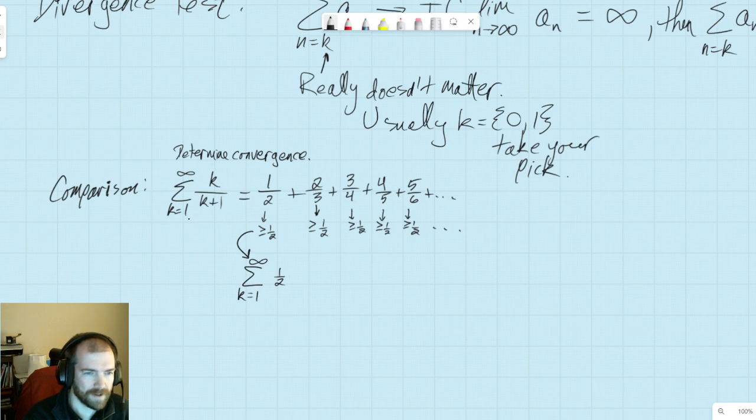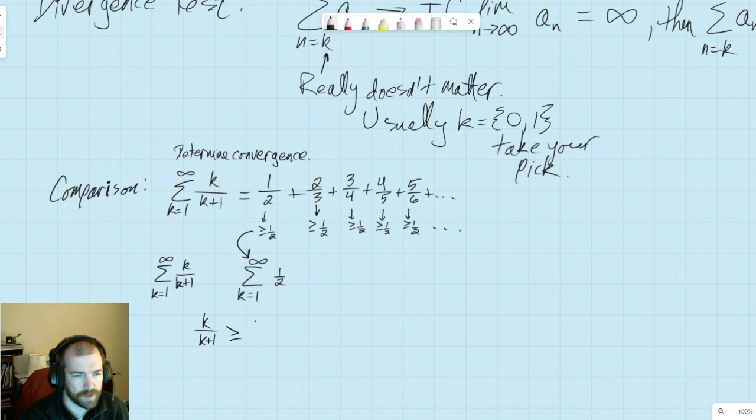And here, this is going to be the sum as k goes from 1 to infinity of k over k plus 1. We know that k over k plus 1 is going to be greater than or equal to 1/2 for all values of k greater than or equal to 1.